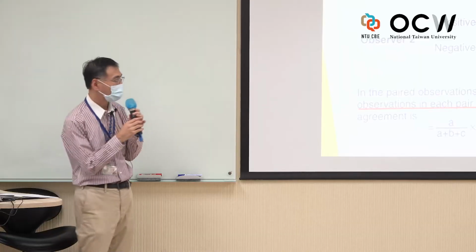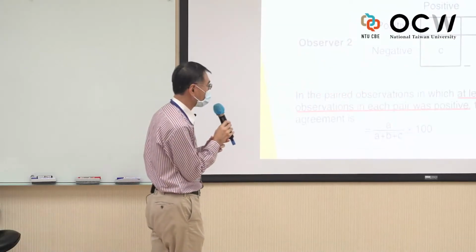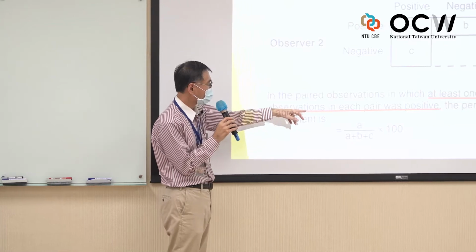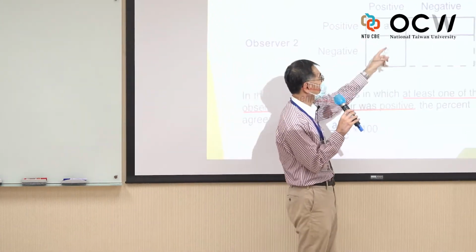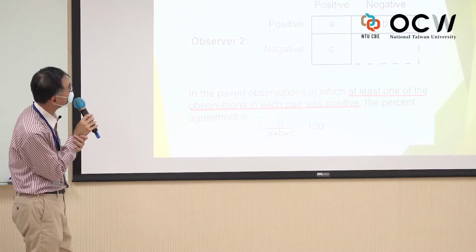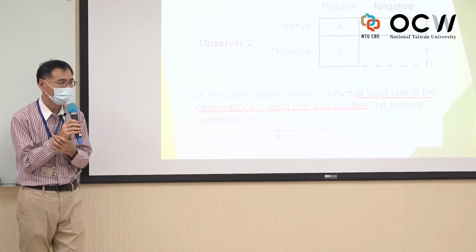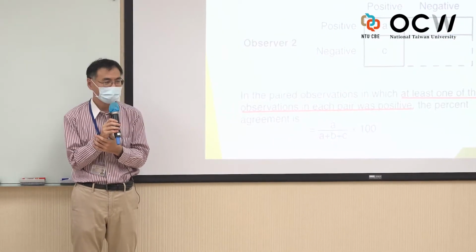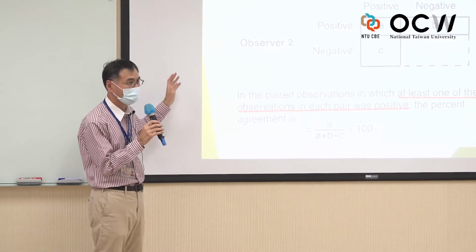Yeah, but some people may argue that D doesn't really mean anything. So if we just ignore the D number, so in the paired observations in which at least one observation in each pair was positive, if we only take care of A, B, and C, then the percentage is the so-called overall percent agreement. That's the kind of preliminary or primitive indicator from 20 or 50 years ago.